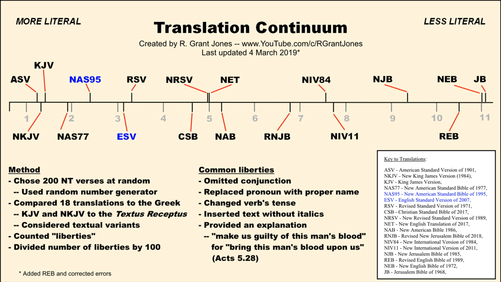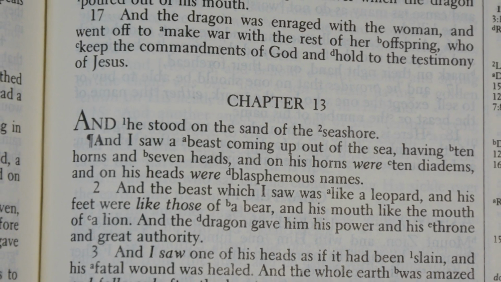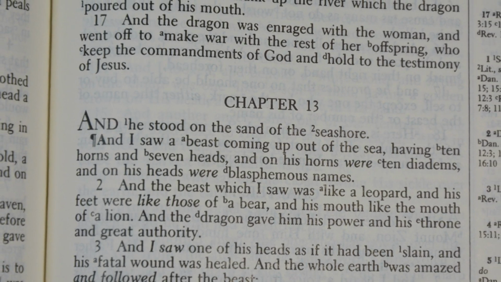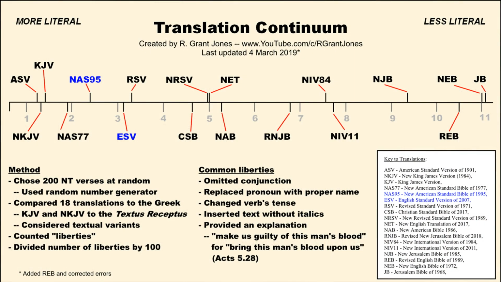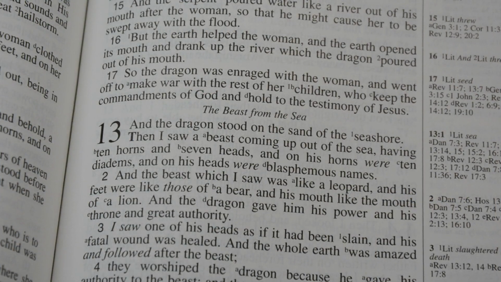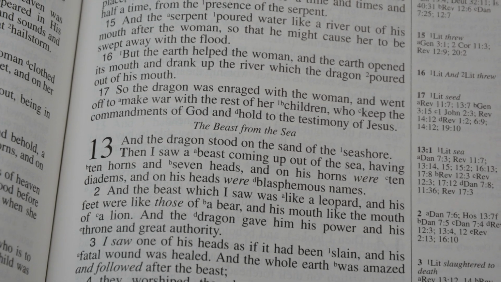It was less literal than the 1977 NAS, largely because it replaces pronouns like "he" with proper names like "Jesus," and because it deletes conjunctions. One example is at Revelation chapter 13, verse 1, where the 1977 NAS has the pronoun "he," which is literal. The 1995 NAS has "the dragon," which is an explanation.